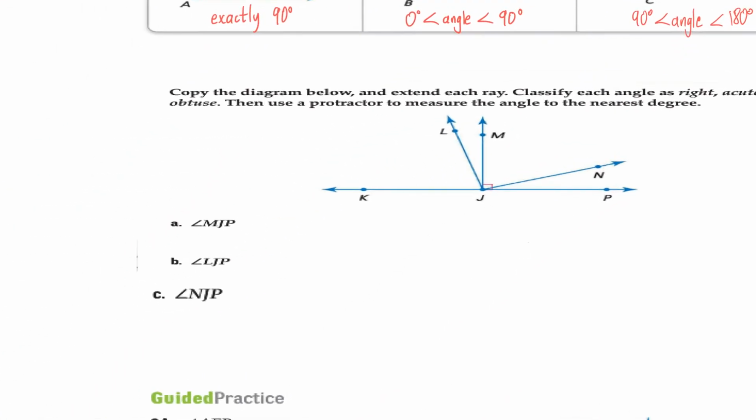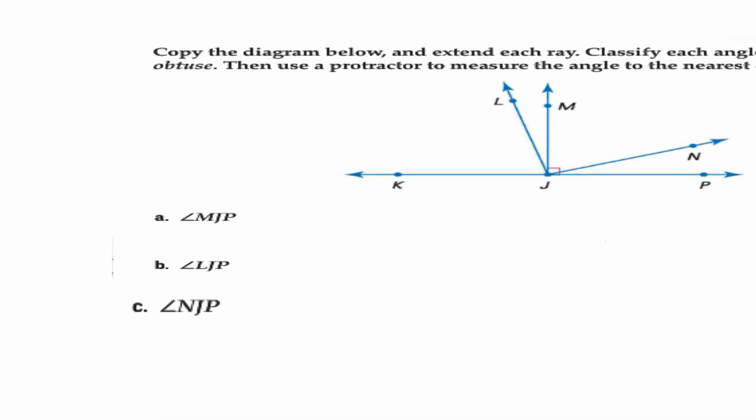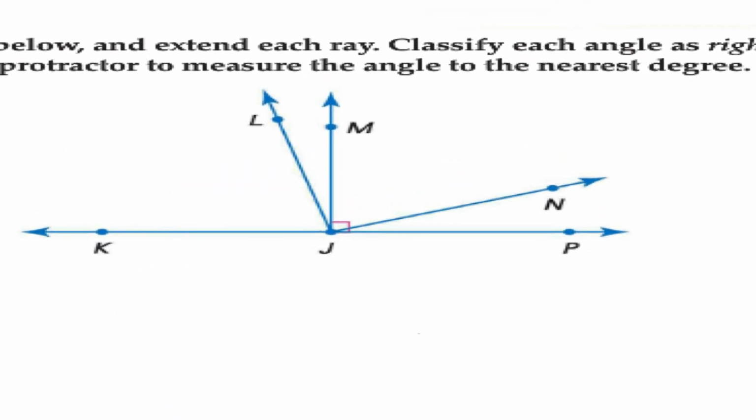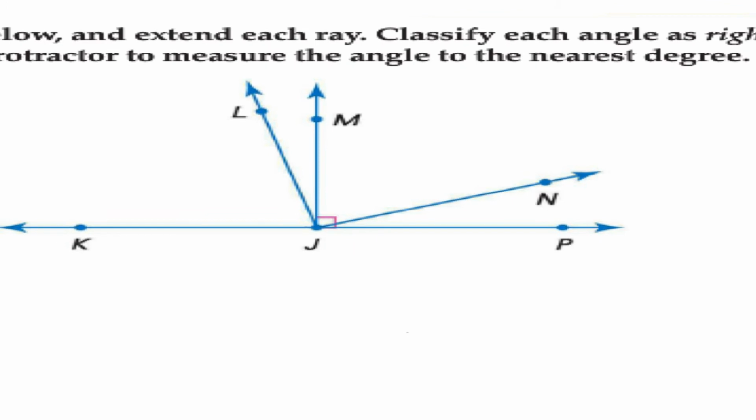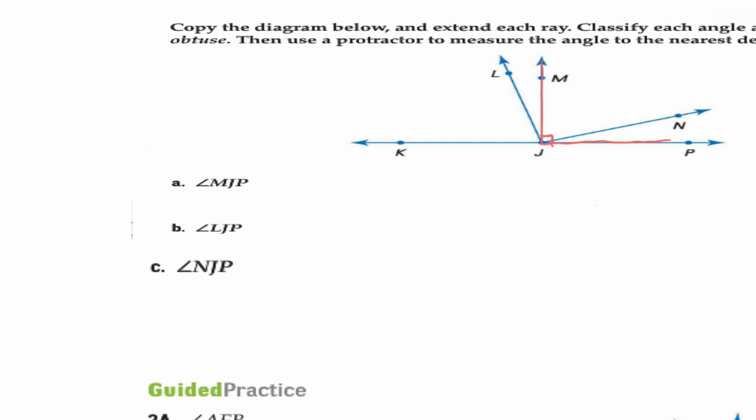Okay, so real quick, all we're doing is a general classification here. So angle MJP. Is it right, acute, or obtuse? Notice right here, MJP. See that right there? It's a right angle.